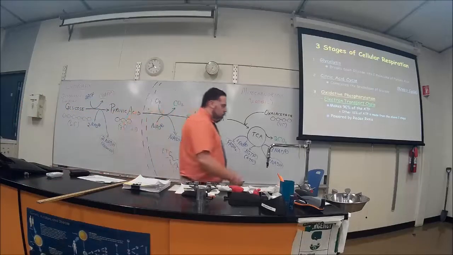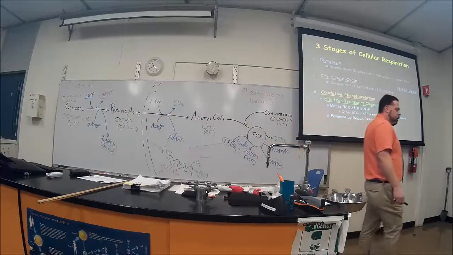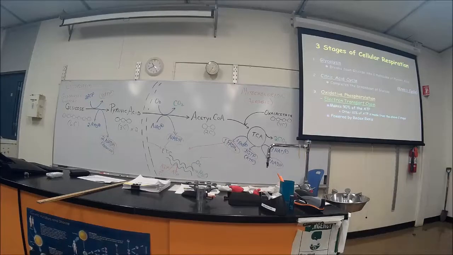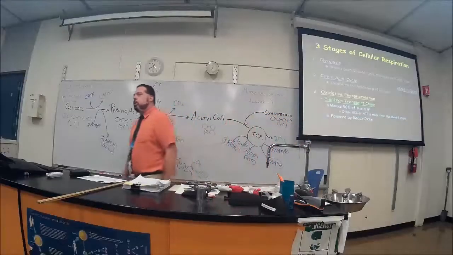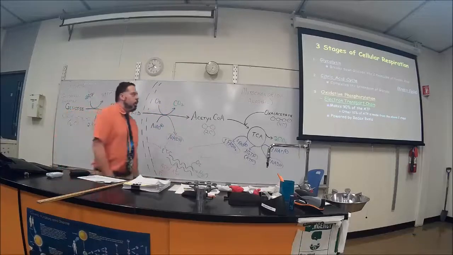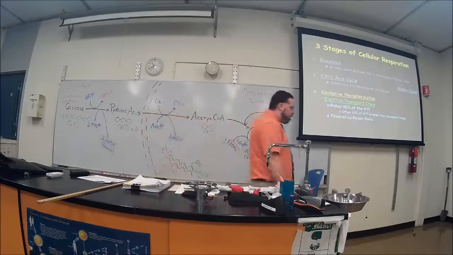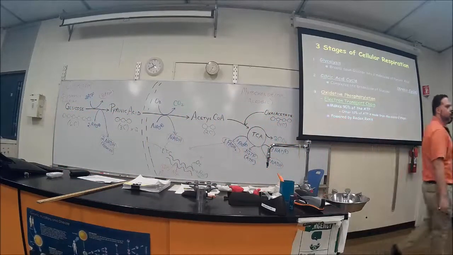Then we have something called oxidative phosphorylation. We're going to put phosphates onto something, and oxygen is going to be used for this. Oxidative phosphorylation occurs in the electron transport chain. This makes 90% of all the ATP.